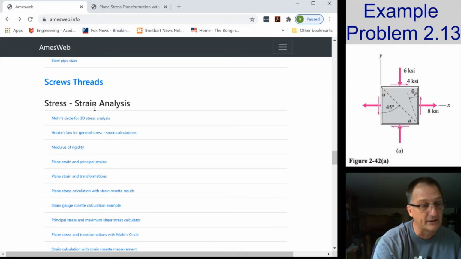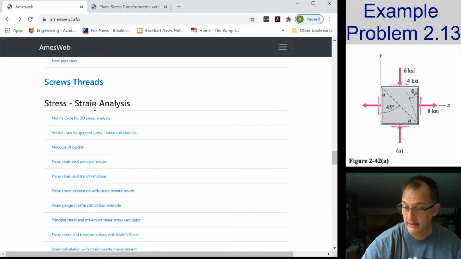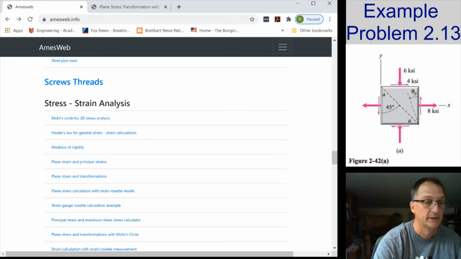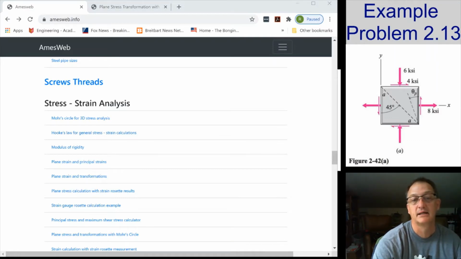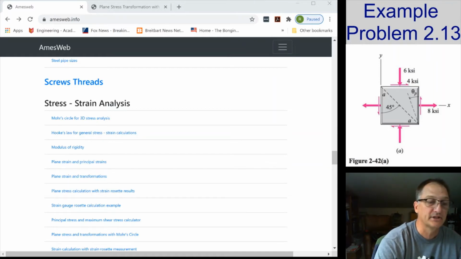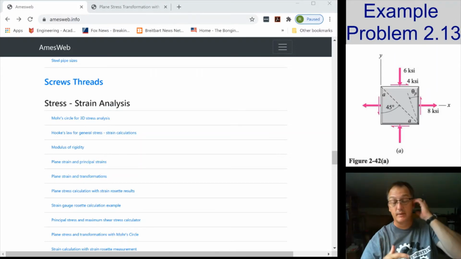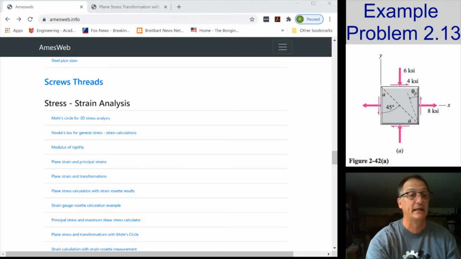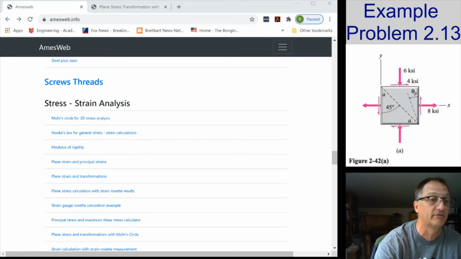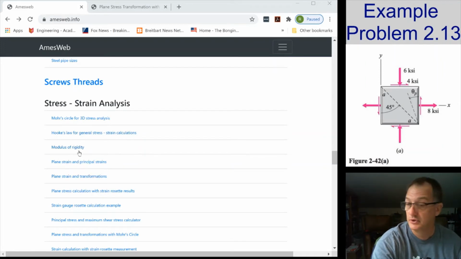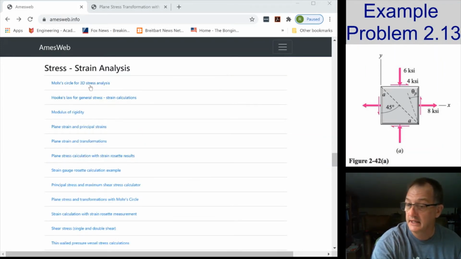If you go back to our problem, one of the assumptions we made was that we were working with a plane situation. So we don't want the 3D solver. We want to move down here.